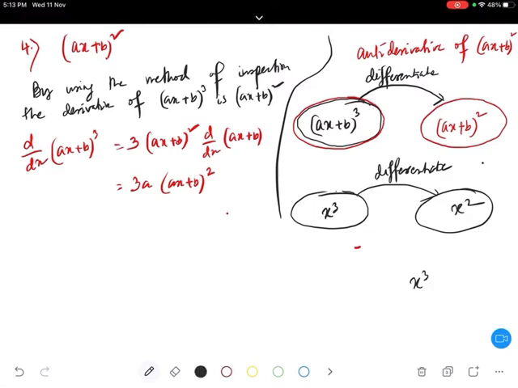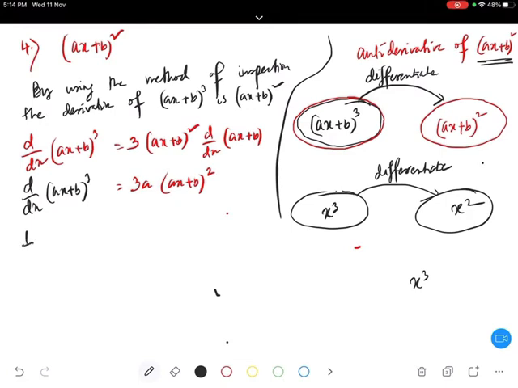Now, in the question, they have asked us to find the antiderivative of (ax plus b) whole square. So this 3a is basically extra. What will I do with this 3a? I will take this 3a to the left hand side.